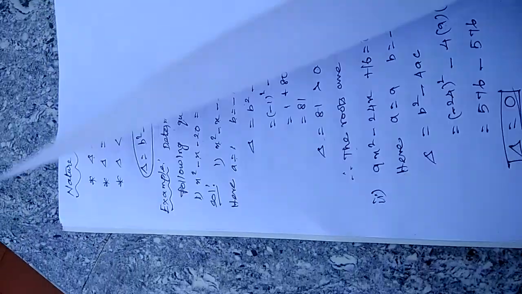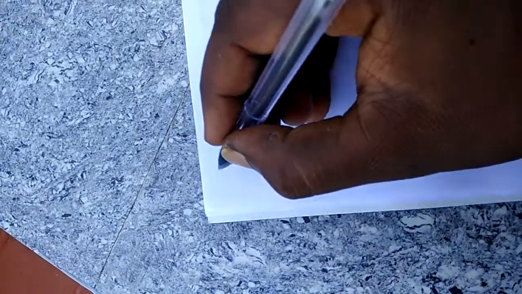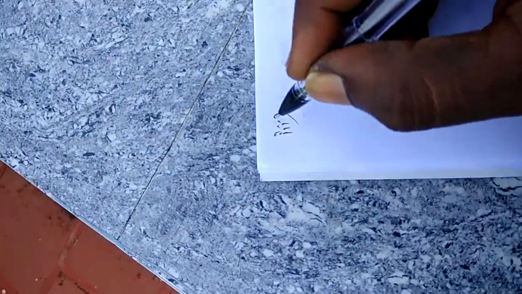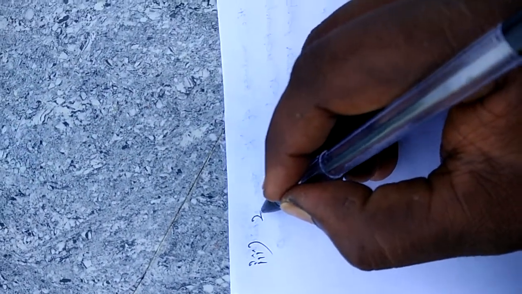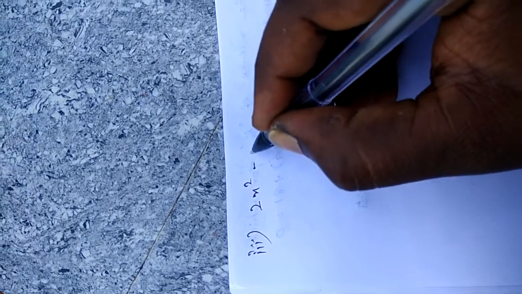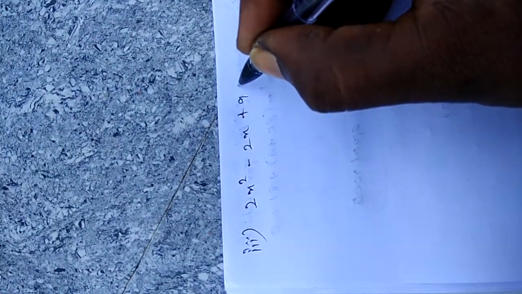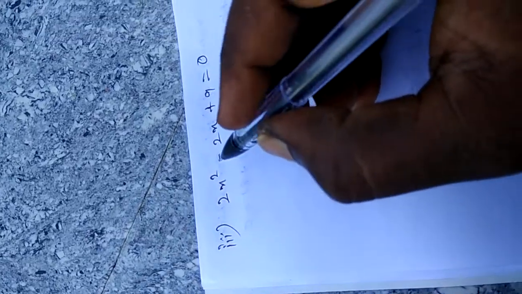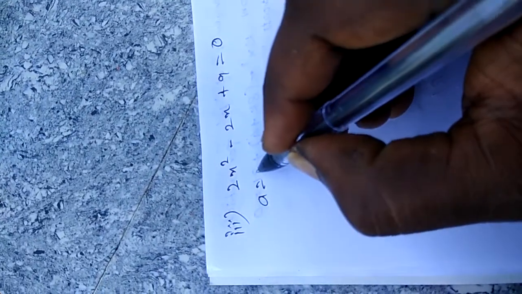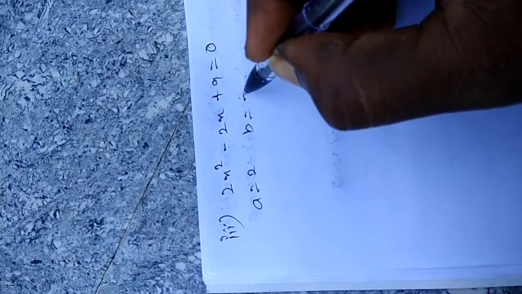Subdivision 3, 2x squared minus 2x plus 9 equal to 0. Comparing with the quadratic equation, a equal to 2, b equal to minus 2, c equal to 9.